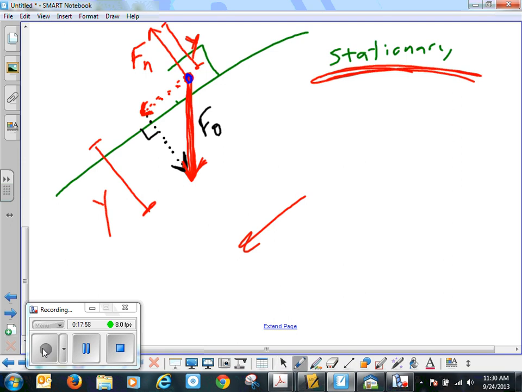The friction. So this here is a real force, the force of friction, and it's going to be equal in magnitude, except opposite in direction, to the part of gravity that's down the ramp. So there's your free body diagram for this one. We've got gravity, friction, and normal. Any questions on that?